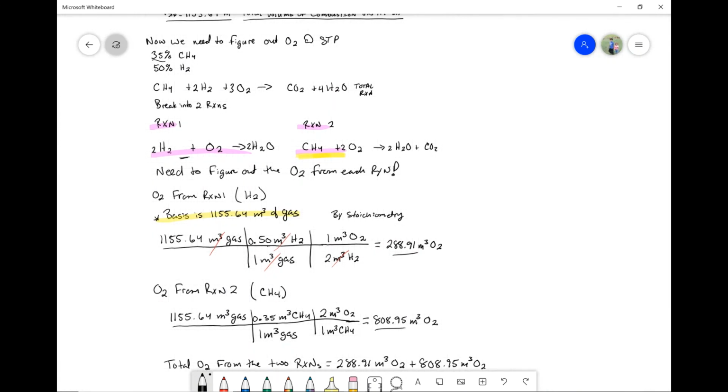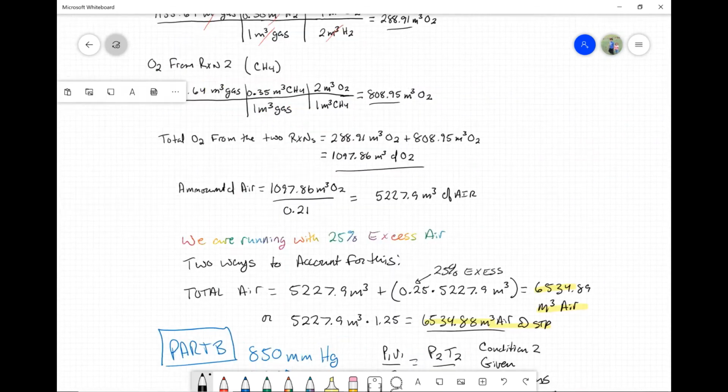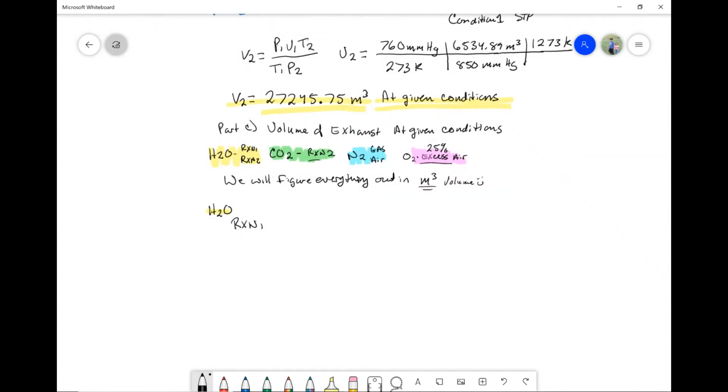There we go. So 2H2 plus O2 yields 2H2O.